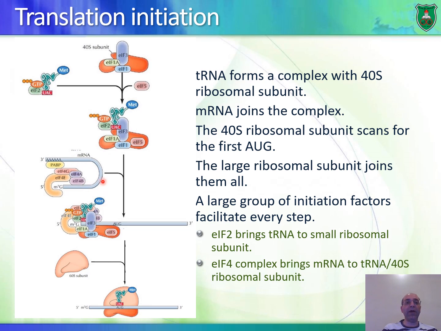And now you have all of these components: the messenger RNA, the small ribosomal subunit, the tRNA that binds to the AUG, and then the king comes in, the large ribosomal subunit. It associates with the tRNA, the small ribosomal subunit and the messenger RNA. Now note that all of these initiation factors are then removed.